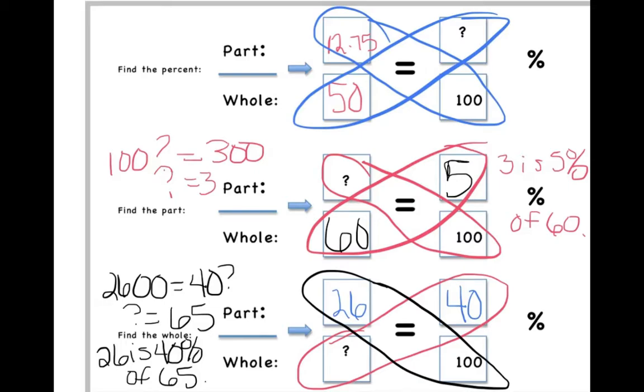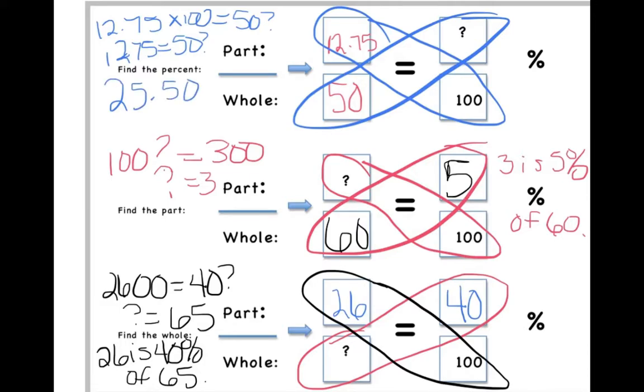We end up with 12.75 times 100 equals 50 question mark. I can solve that by doing 12.75 times 100, which is going to equal 1,275 equals 50 question mark. Divide that by 50 and 25.5 is the number that we get. So we need to add our percent sign. 25.5% is the answer we're looking for.